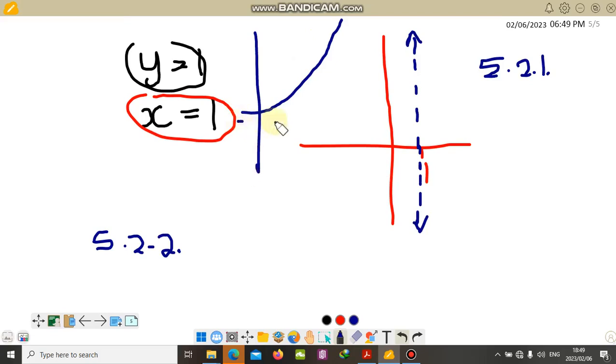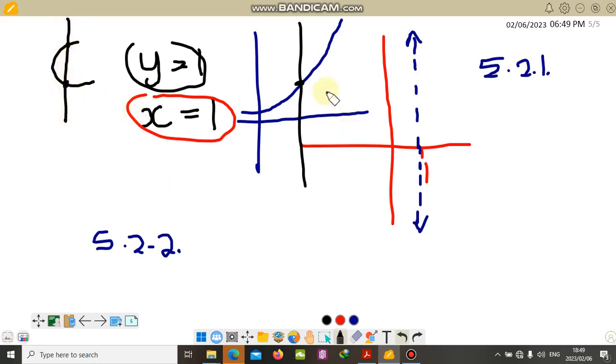If you draw a vertical line on a graph and that line touches the graph only once, at one point alone, then it is a function. But if you have something like this, and you draw a vertical line, and it touches the graph at 2 points, then that is not a function.